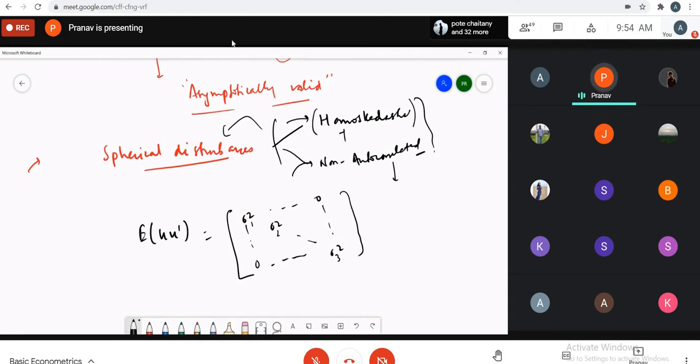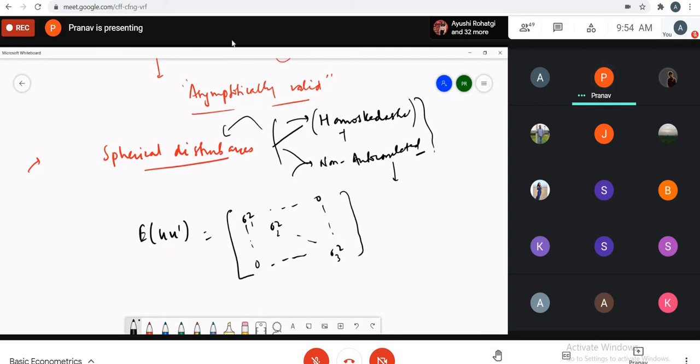So as long as either heteroskedasticity or autocorrelation is there, the problem is not that complex. But when you have a combination of heteroskedasticity and autocorrelation, that's where we have to be a little more cautious in finding a remedial measure which removes this complexity as far as regression equations are concerned.